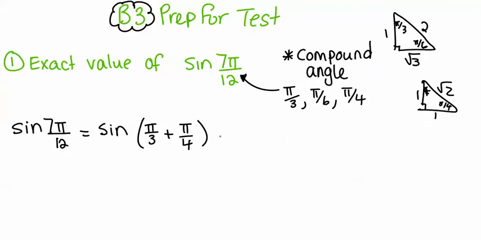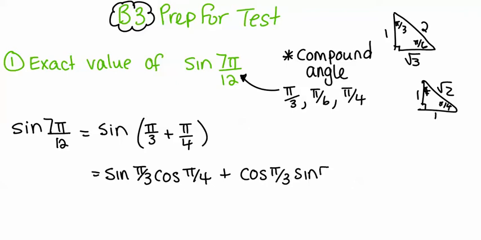Now that we figured out what it would equal, we're going to use our compound angle formula: sine of pi over 3 times cos of pi over 4 plus cos of pi over 3 times sine of pi over 4 is equal to sine 7 pi over 12. Then we use our special triangles.